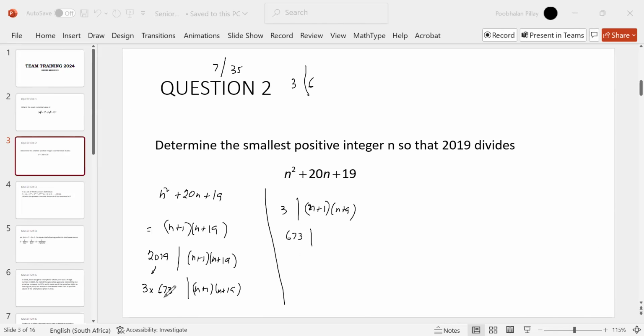If 3 is a factor of the left-hand side, and this is a factor of that, so we're getting there somewhere. Now, here you've got a product, and you've got a prime number here.